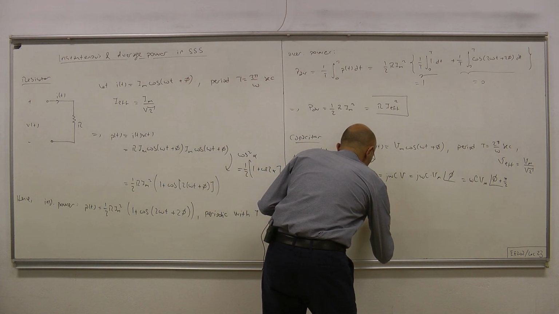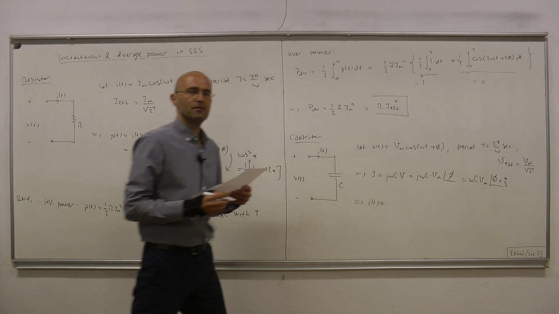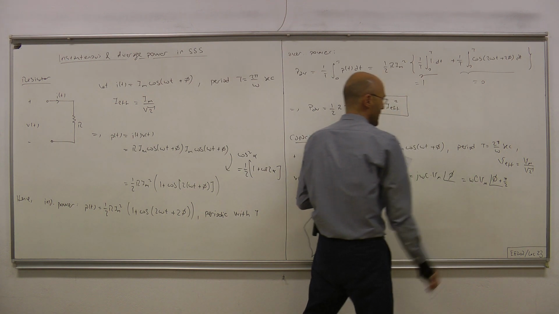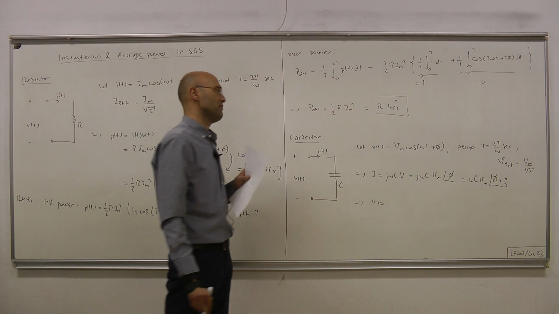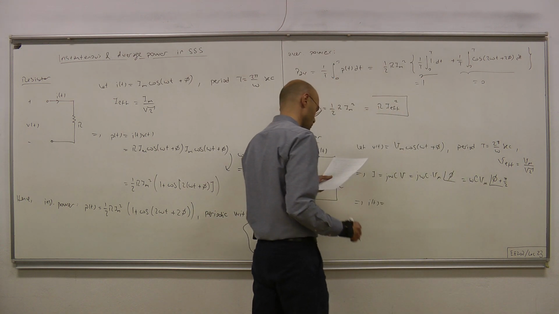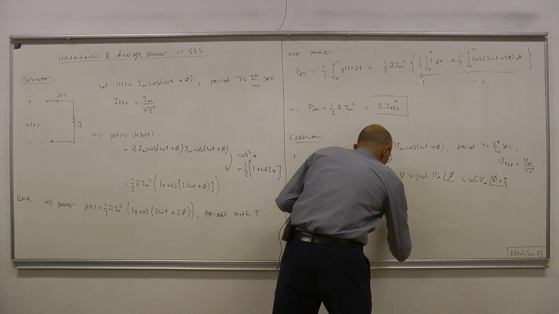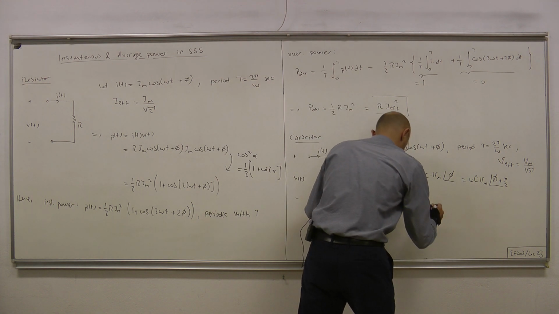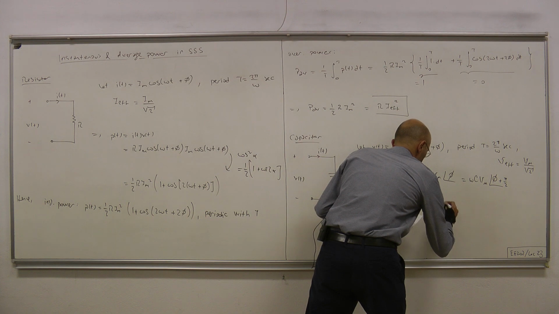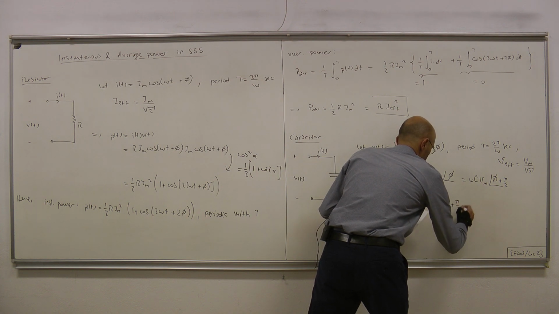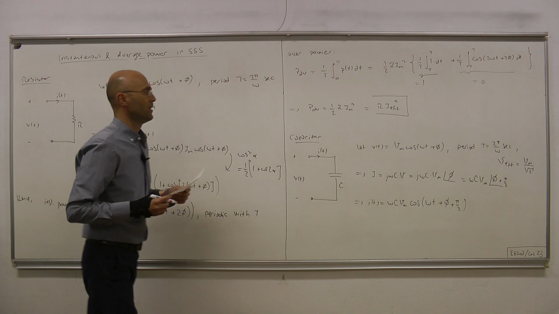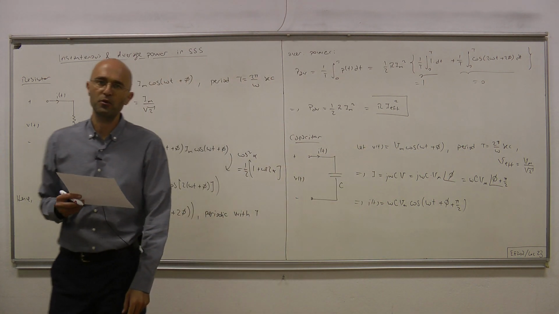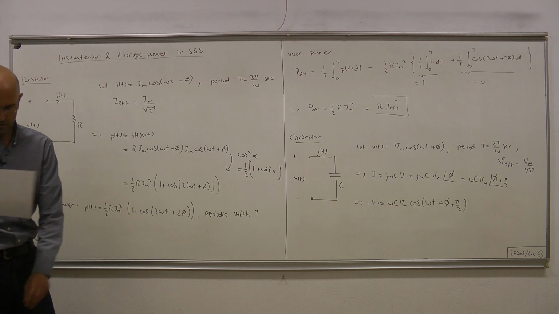Therefore I of t, the time domain current, equals a sinusoid with magnitude omega C Vm and phase phi plus pi over 2: omega C Vm cosine omega t plus phi plus 90 degrees. Okay, so we have the voltage, we have the current, therefore we can easily compute the instantaneous power by simply taking their product.